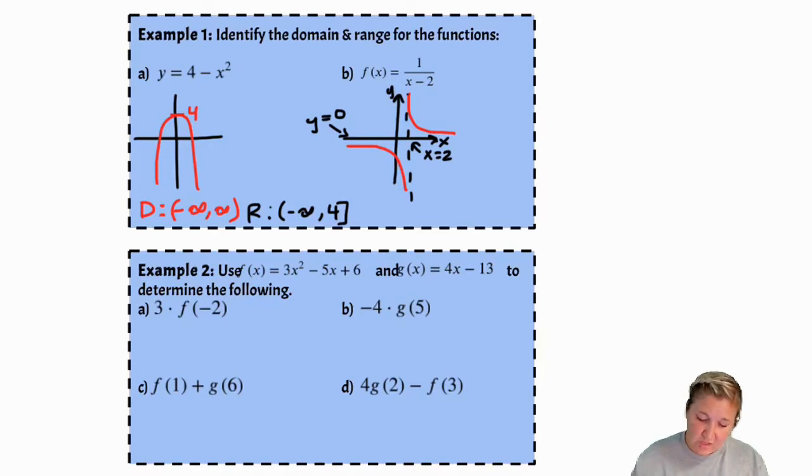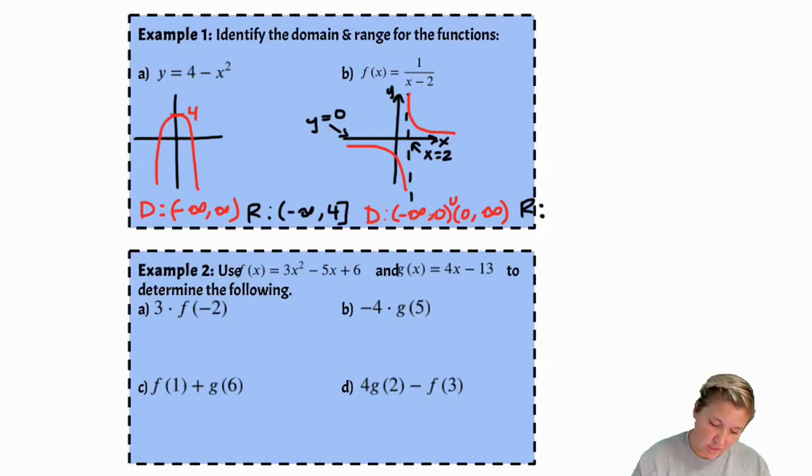There are probably lots of ways you could write this, but I would say the domain goes from negative infinity up to 0, and then 0 to positive infinity, unioned with. Oh, excuse me, let's take that back.